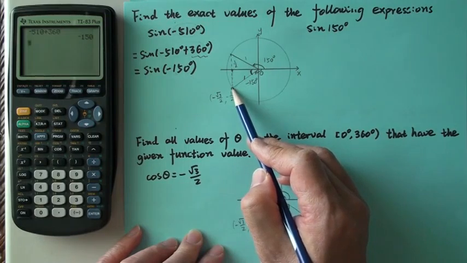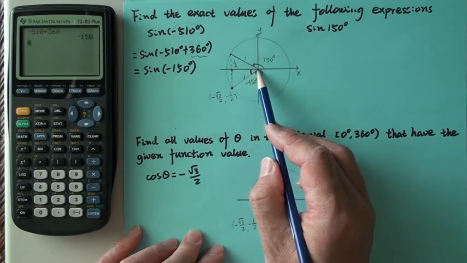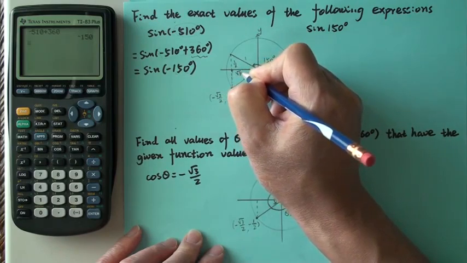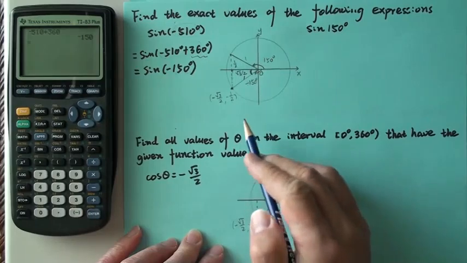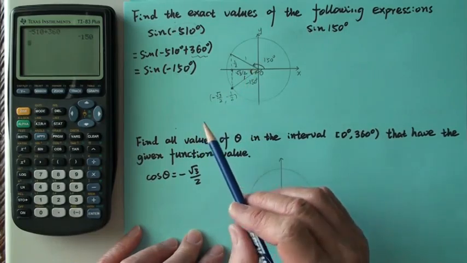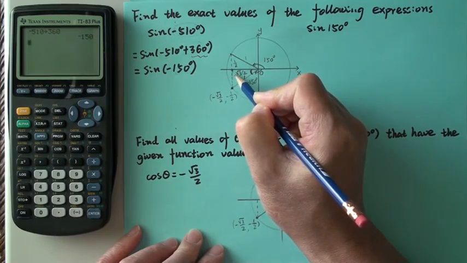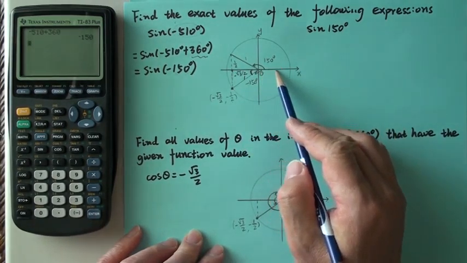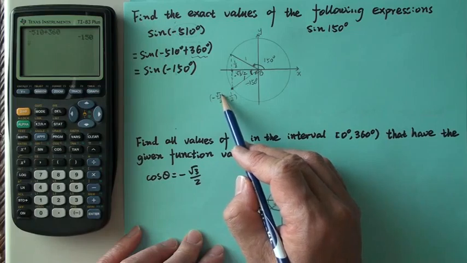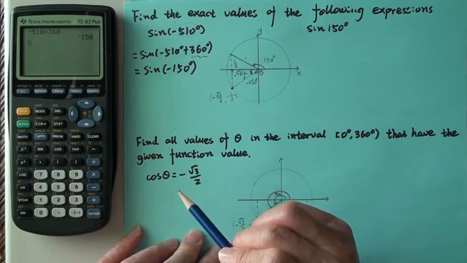So the y coordinate for this point is negative 1/2. And the x coordinate is this one, you may mark radical 3 divided by 2. And it will be negative. This is the positive side, this is the negative side.